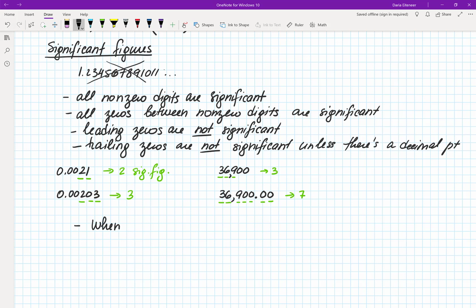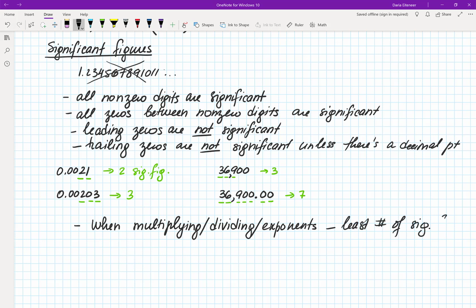So when multiplying, dividing, or doing exponents, you use the least number of significant figures. So for example, if I divide 2.56 by 1.2, the number is 2.133 and so on.